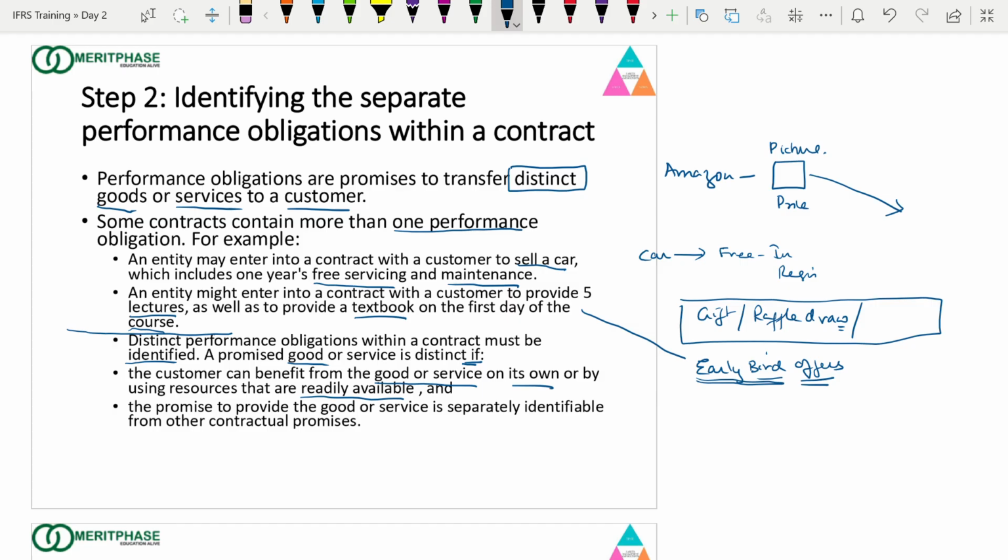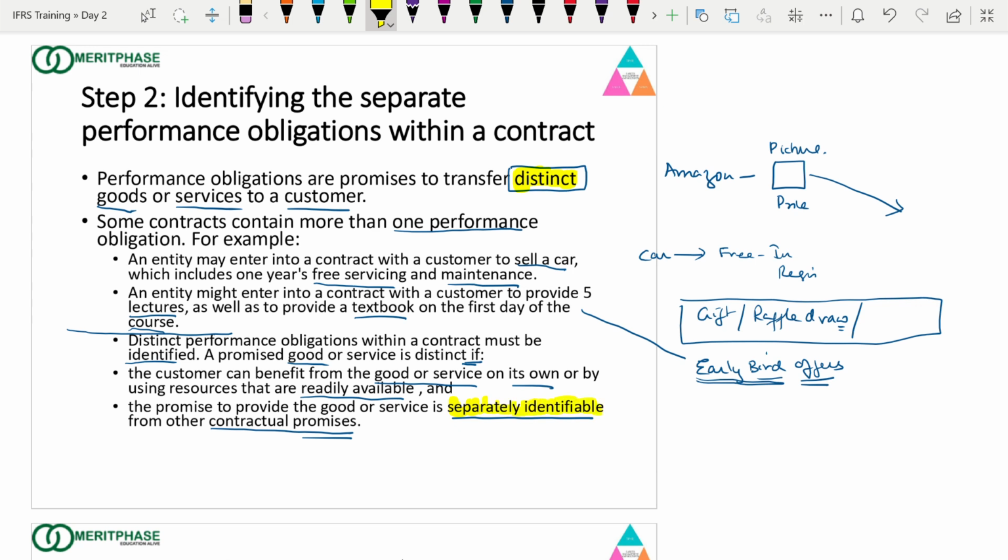The rule says that the promise to provide goods and service is separately identifiable from other contractual promises. You have to make it very distinct, and that is the reason they say it has to be separately identifiable.